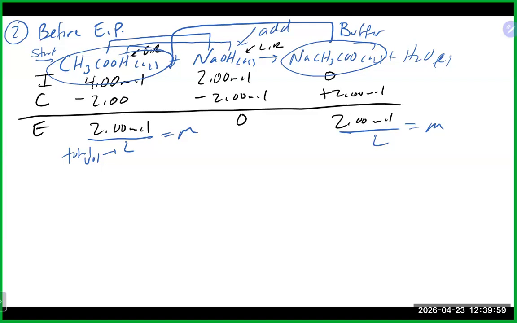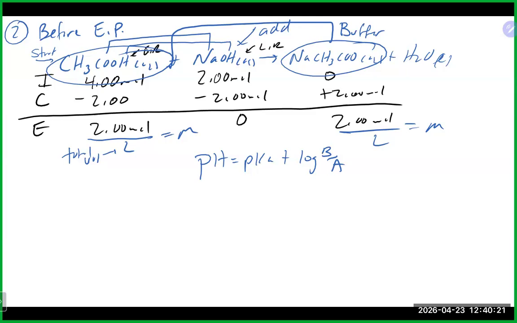Now, because this is a buffer, that means if I want the pH, I can go right into the Henderson-Hasselbalch equation at this point. And obviously the pKa value would be coming from the Ka value of my weak acid, right, in this particular case. That would be given to me probably in the problem.